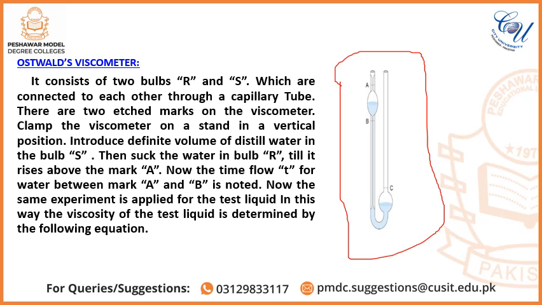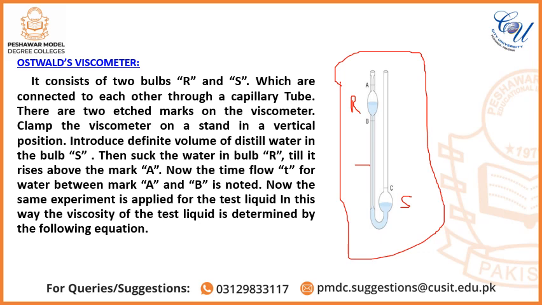It consists of two bulbs, that is bulb R and the second bulb, bulb S, which are connected to each other through a capillary tube. Dear students, this is the capillary tube. There are two marks on the viscometer, that is mark A and B.